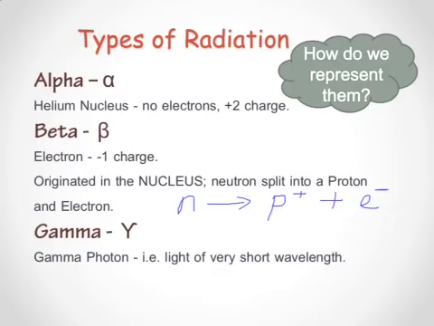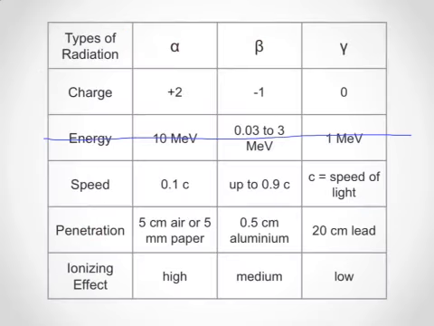And this electron originates in the nucleus, not from outside the nucleus. One of the neutrons splits to become a proton and an electron, and this electron is now called beta. Gamma rays consist of photons, i.e. light of very short wavelength.